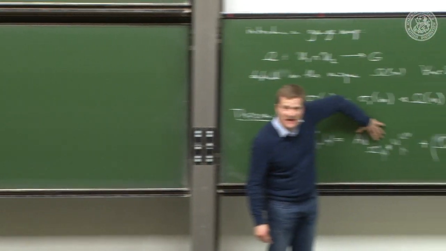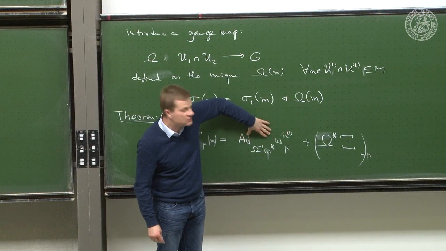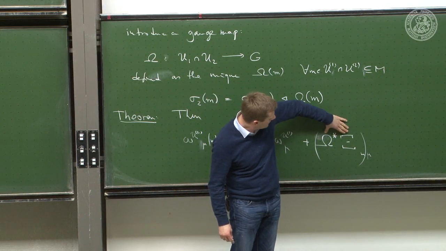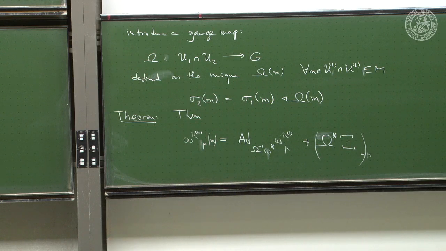So what do we need to do? We need to calculate what is actually this Ad omega inverse push forward on this in the GL case, and what is the pullback of the Maurer-Cartan form with respect to the omega in the GL case. And let's start with the latter bit.